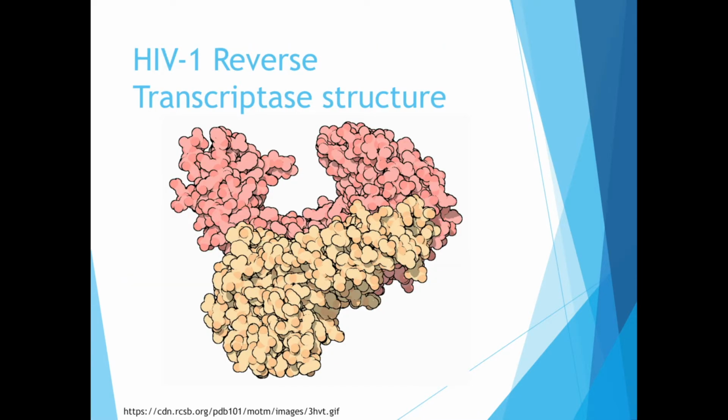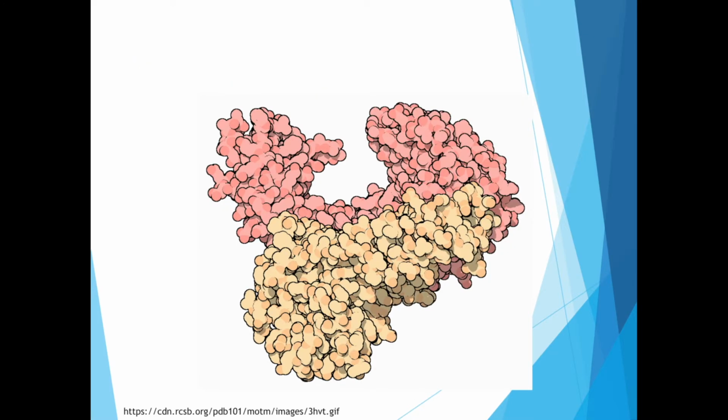This image shows the structure of an HIV reverse transcriptase, and it is one of the most important enzymes needed in the reverse transcription process. There are 2 sites that are the most important for its functionality. One is the polymerase, and the other is the nuclease.